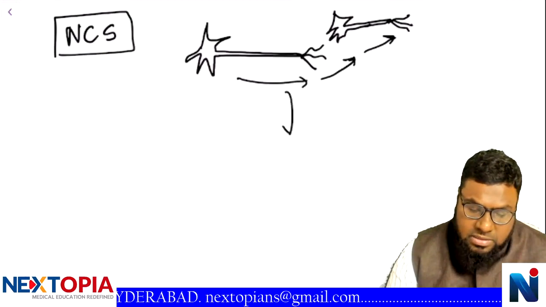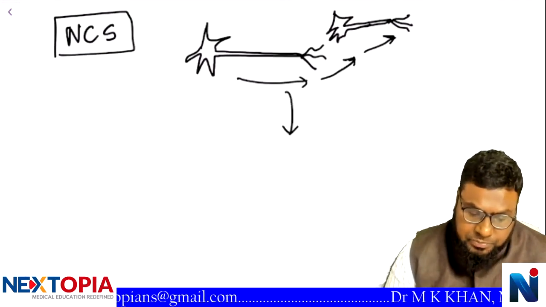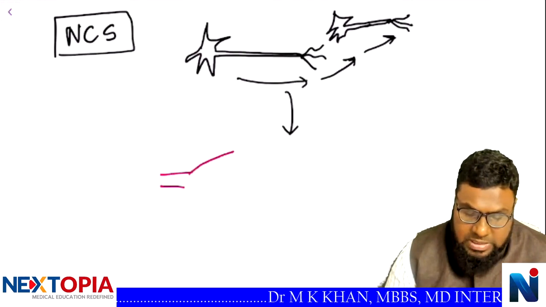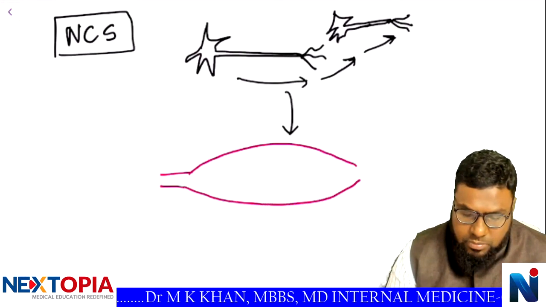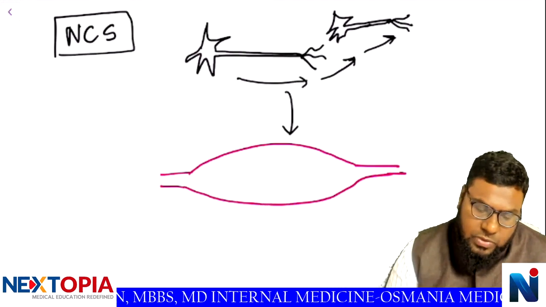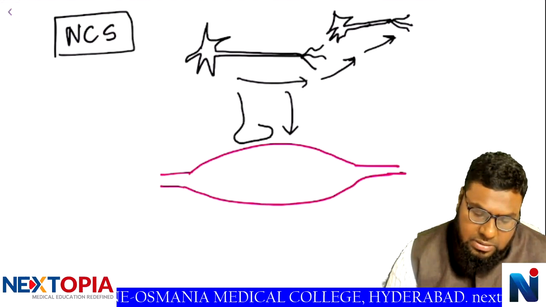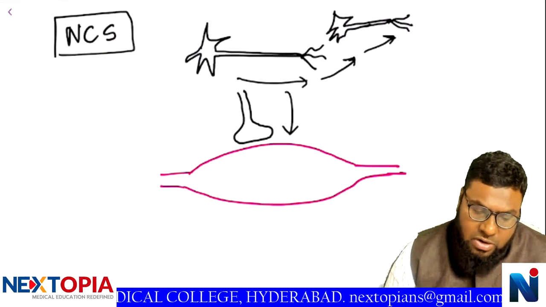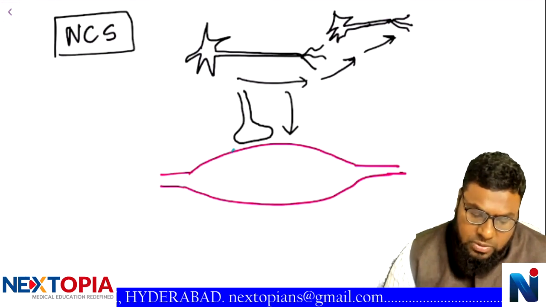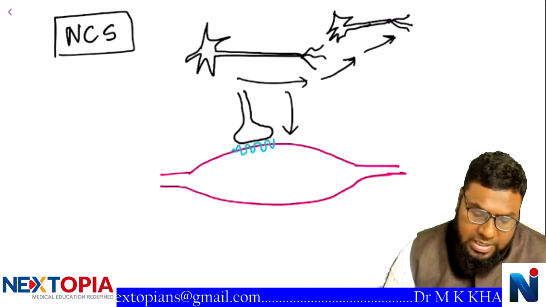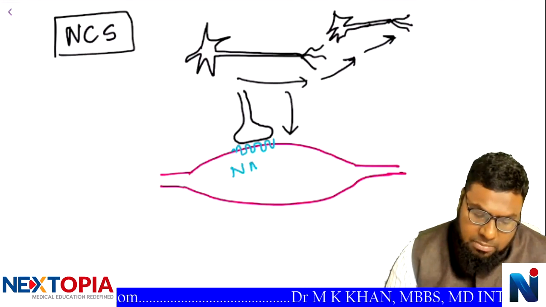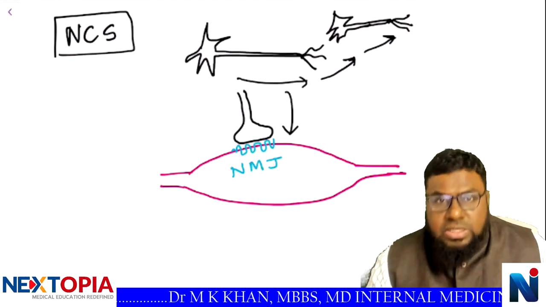These dendrites will come and attach to the muscle. Suppose this is the muscle belly. The dendrites come and attach to the muscle belly like this, and at the site of attachment we have an important junction. We call it the neuromuscular junction, NMJ.